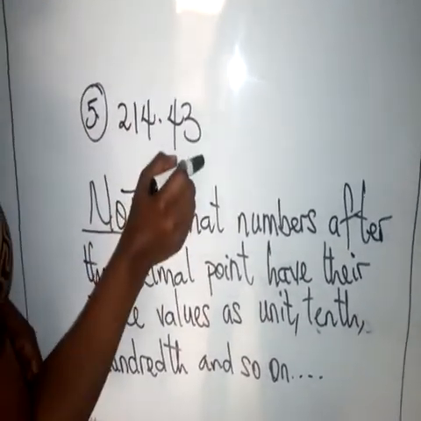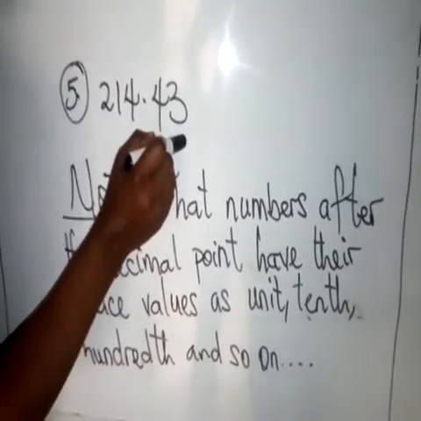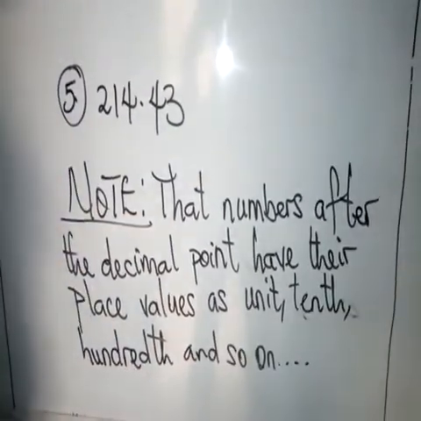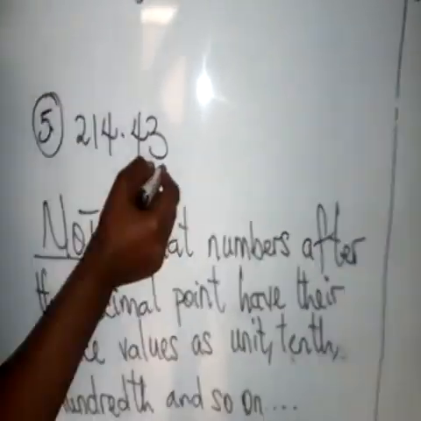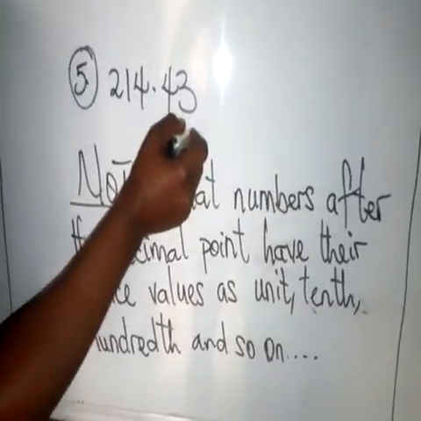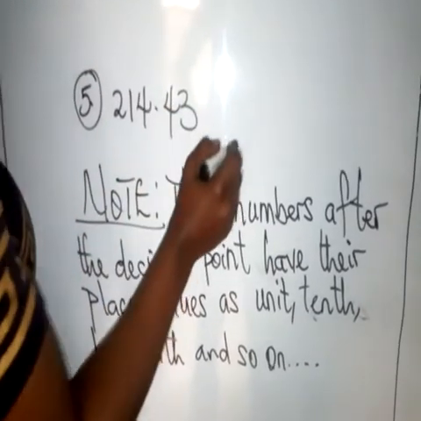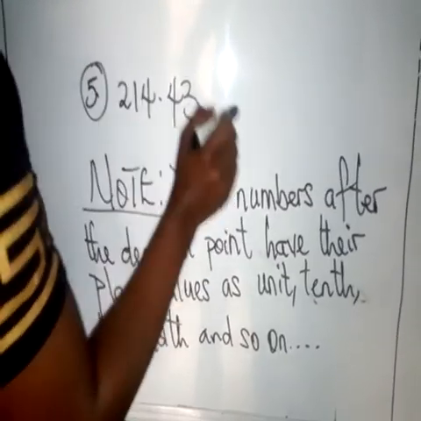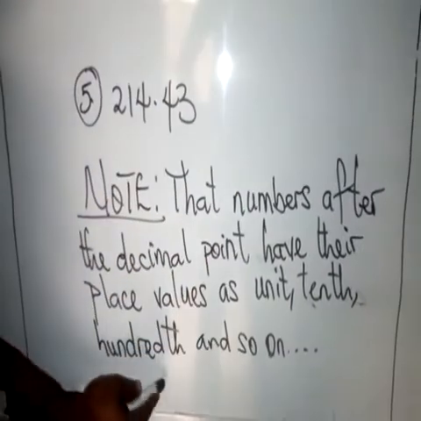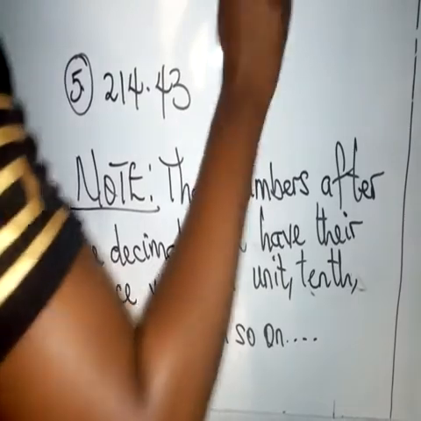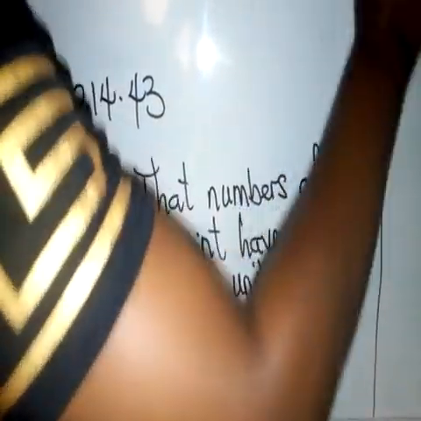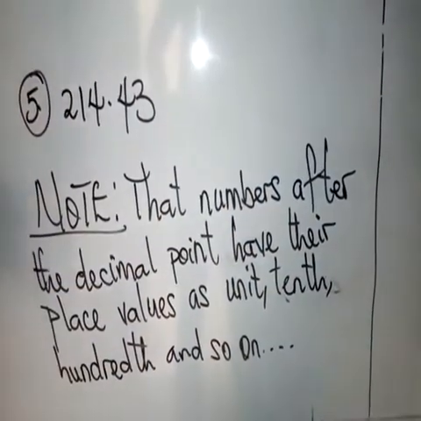But right after that unit, we have the next number whose place value is tenth. And if there was another number after the tenth, it will be called hundredth, and the next one will be thousandth, and so on and so forth.